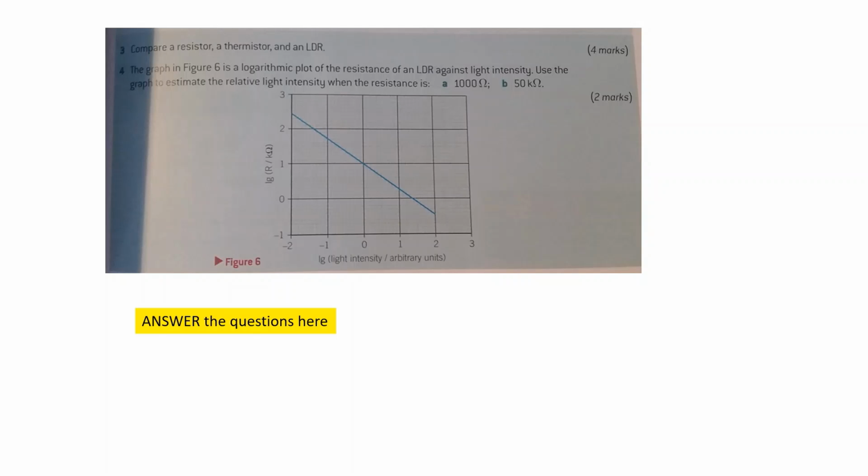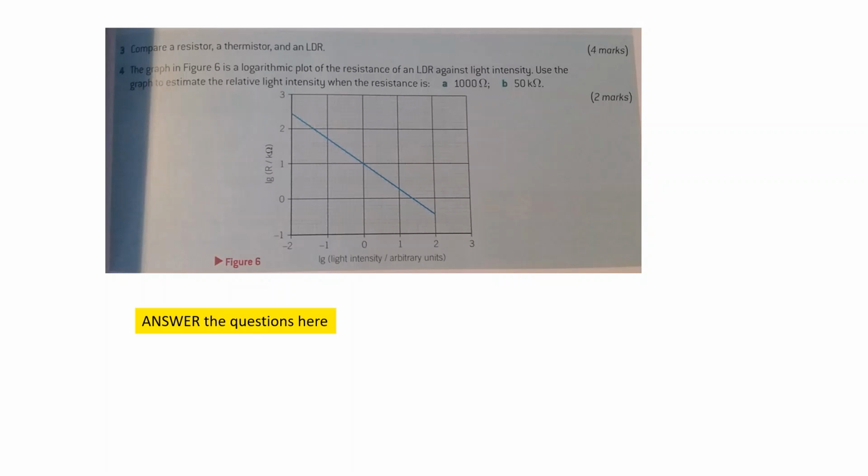So for A, it says 1000 ohms, which is 1 kilo ohm. So you do 1 kilo ohm over 1 kilo ohm. So in this case, it is 1. So when you put R as 1 kilo ohm, you do log to the base 10 of 1. Log to the base 10 of 1 is 0.